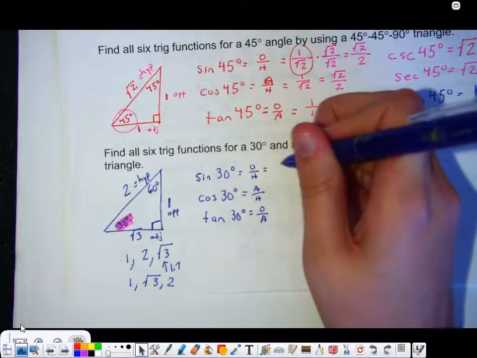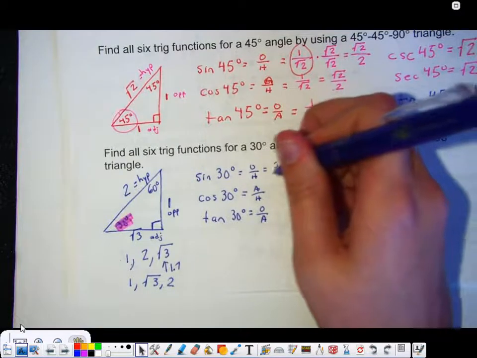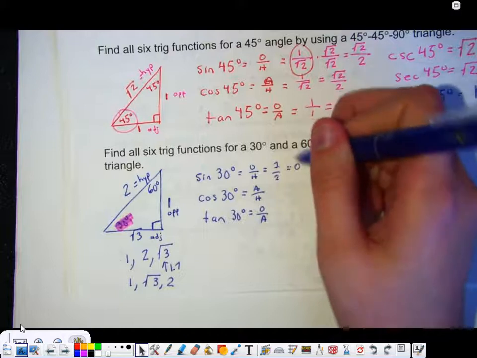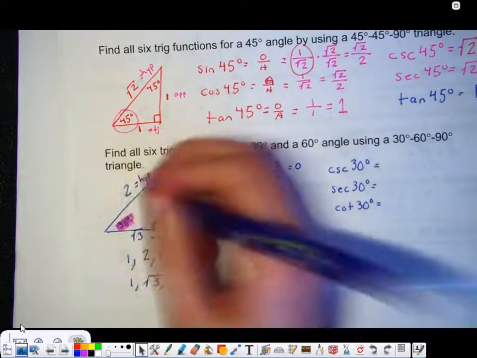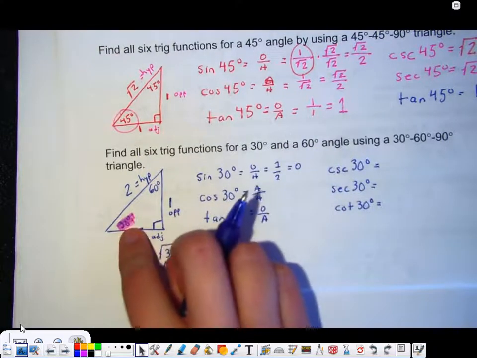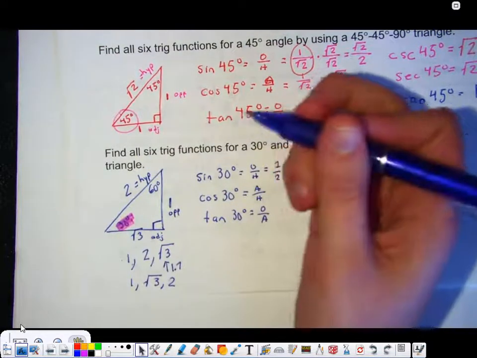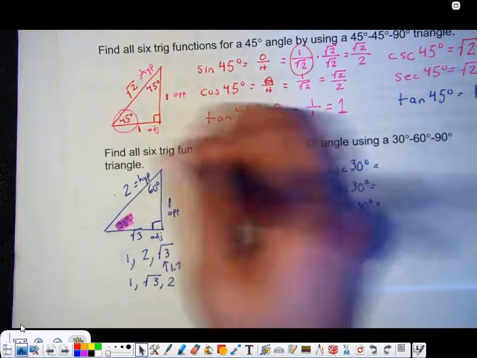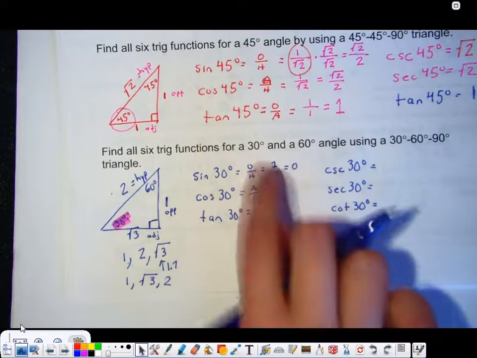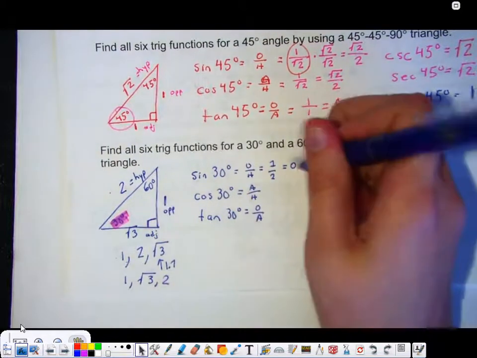So 3 equals 1 over 2 equals what? Oh, let me do this. I can do this. If I can label the sides for sine 30, this is the hypotenuse. Oh, you already did that. So opposite over hypotenuse is 1 over 2. That's how I got that.